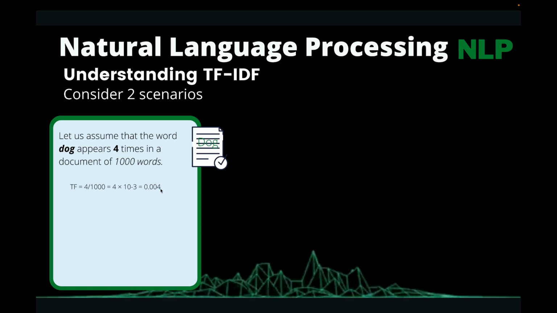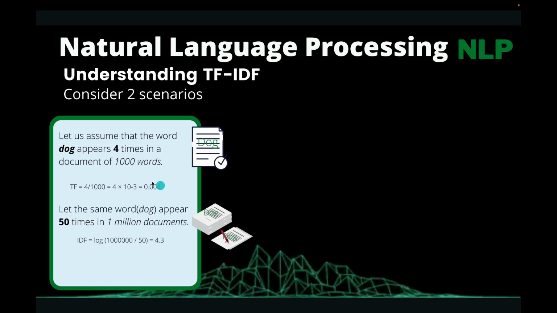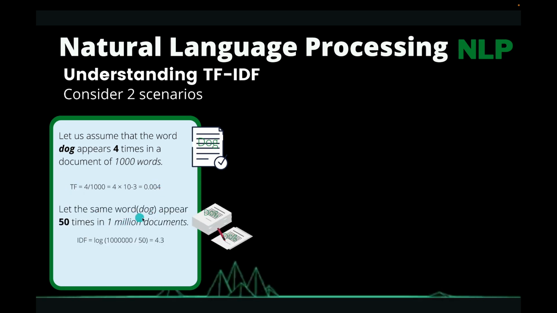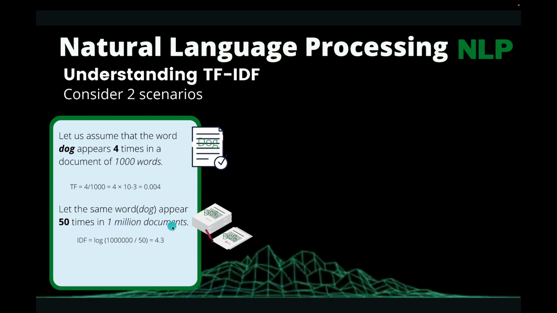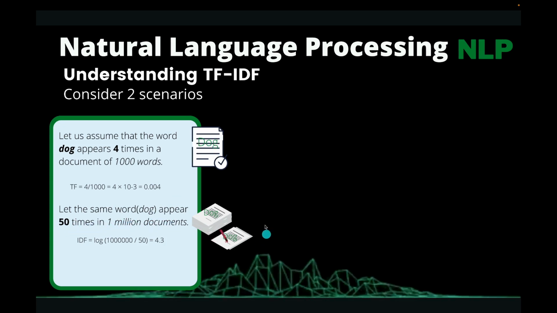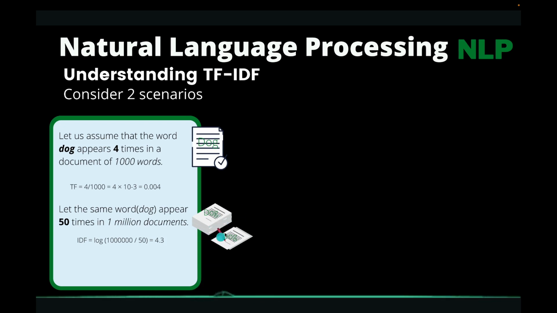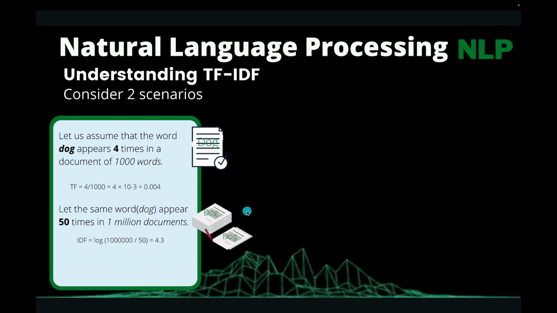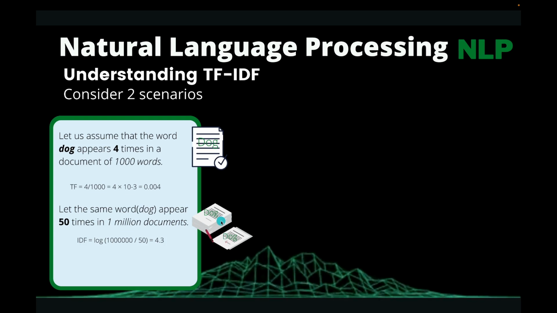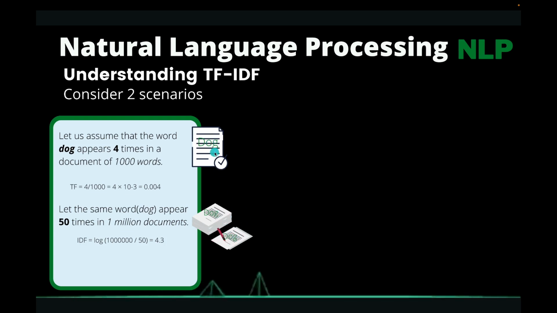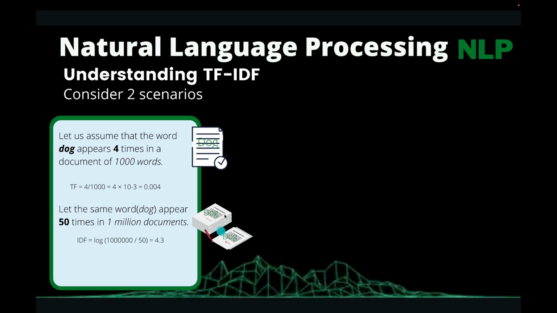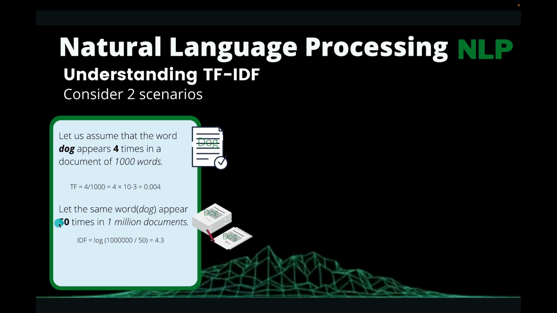Now let's consider another scenario where the same word, which is "dog", appears 50 times in 1 million documents. So here we have a single document, but the overall documents are 1 million. That is the entire corpus, the entire data set. When we pick just one document out of this 1 million, "dog" appears 4 times, but in all the documents, "dog" appears 50 times.